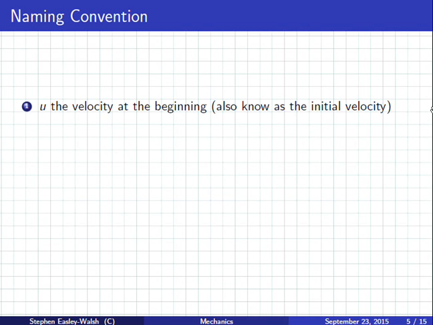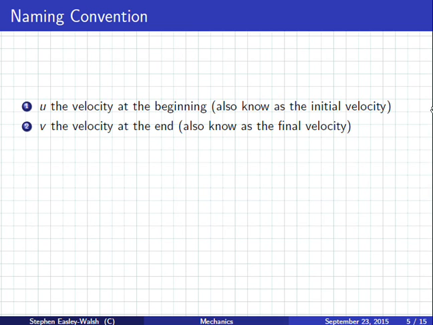So some people have seen these letters before, so what's after u then? V. And what's V? Yeah, we use it for the final velocity, the velocity at the end. Well, we know what A is. What's A?